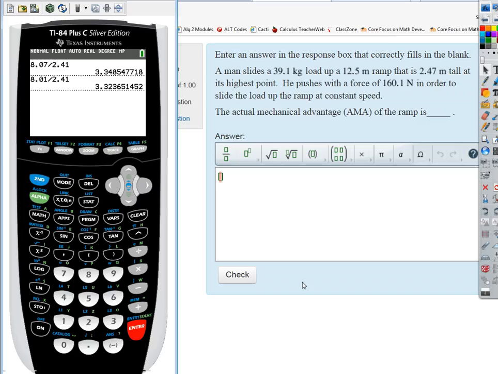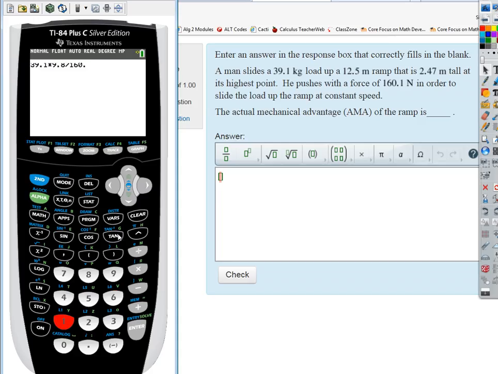We're just finding, that'd be calculating work, right? We just wanna know what's the ratio of the output force to the input force. So the output force is the weight of the load, what's the input force? What you're pushing with. Yeah, pushing force, 160.1. So for this one, I would just have 39.1 times 9.8 all divided by 160.1.